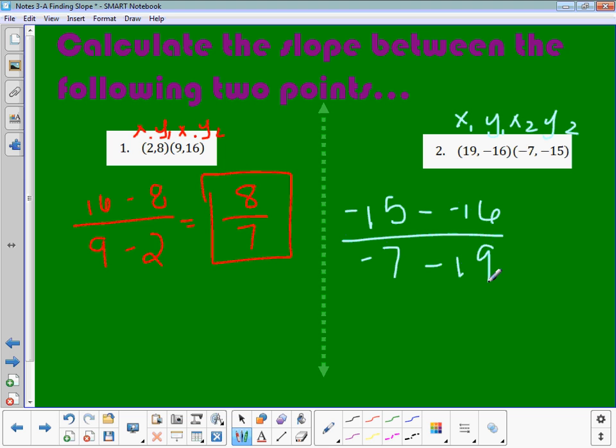When you subtract a negative, that becomes plus a positive. So negative 15 plus 16 is just going to be a positive 1. Negative 7 minus 19 is going to be negative 26. The last thing you want to do is check to see if you can reduce that fraction anymore, and you can't. So that right there is your final answer.